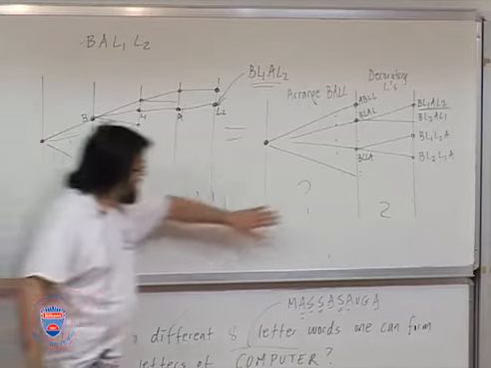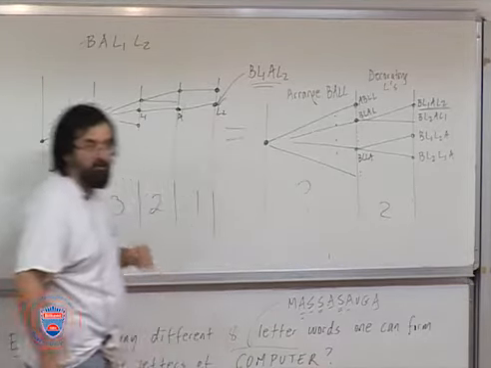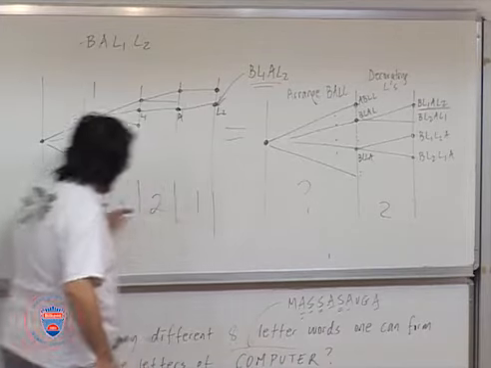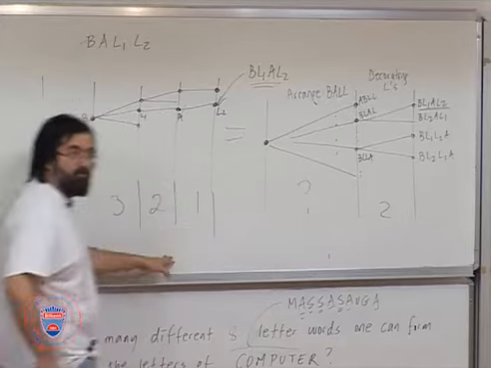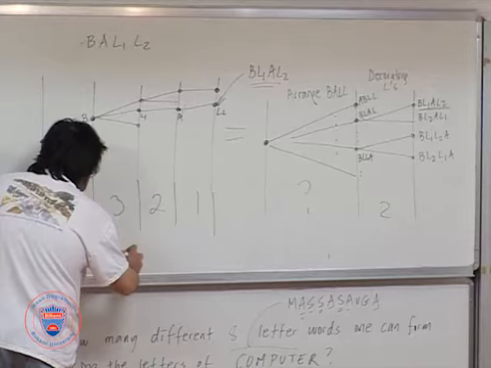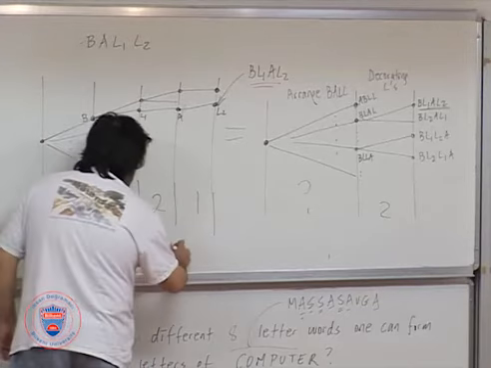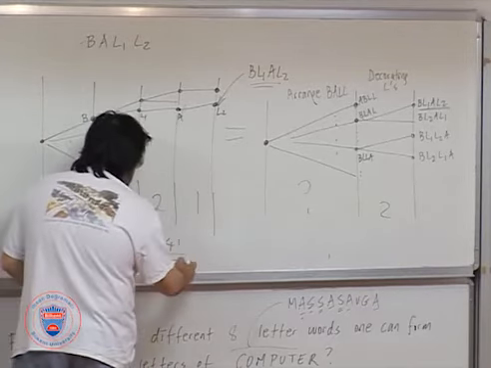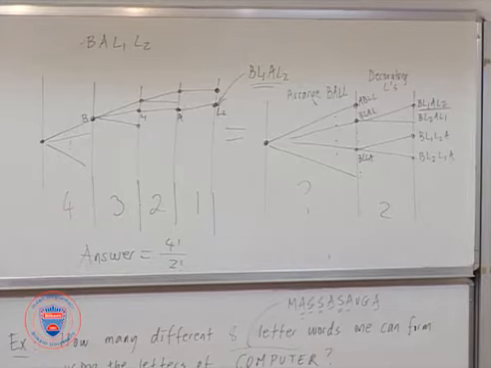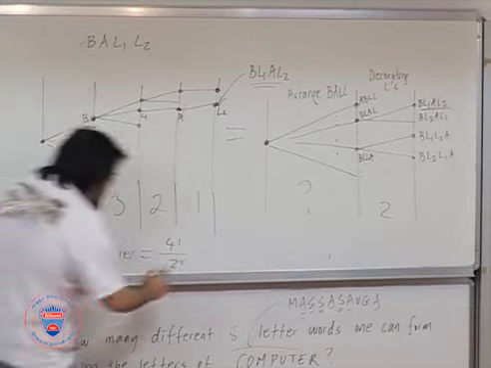So this number should be equal to the question times 2. Because of that, now you know your question. What you want to know is this divided by 2. So your answer for BALL is 4 factorial divided by 2 factorial, which is 12, which we expected.